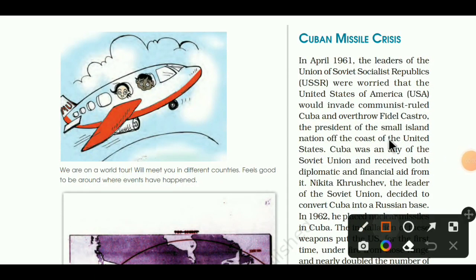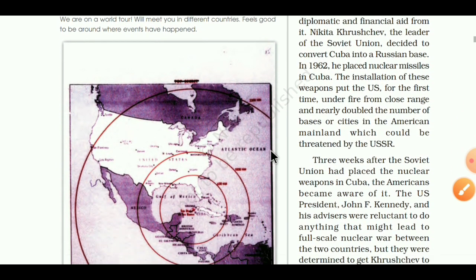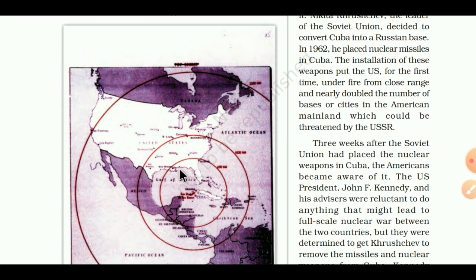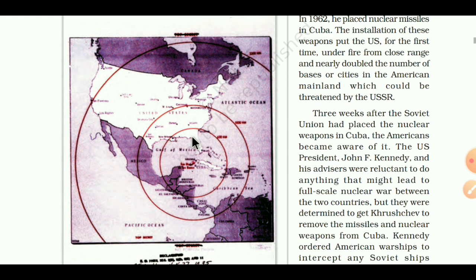Friends, before you know what the Cuban Missile Crisis is, it is important to know where Cuba is. So look at the picture of the Google map. Here you see that Cuba is a near neighbor of the United States of America, and on this side the USSR is present. You can check it on Google Maps. Now the story is that Cuba was a communist-ruled country, and the president of Cuba, Fidel Castro, was an ally of the USSR.